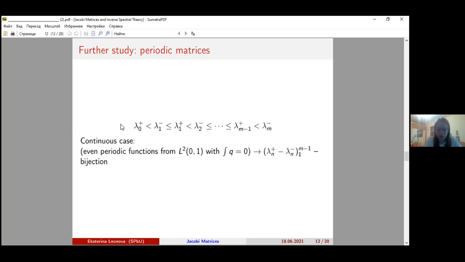It turns out that lambda 0 always goes with a plus, and it's less than lambda 1 minus. It can be equal to lambda 1 plus, but it's smaller than lambda 2 minus. And it goes like this until we have lambda m minus. It goes without a plus because it's a single one.